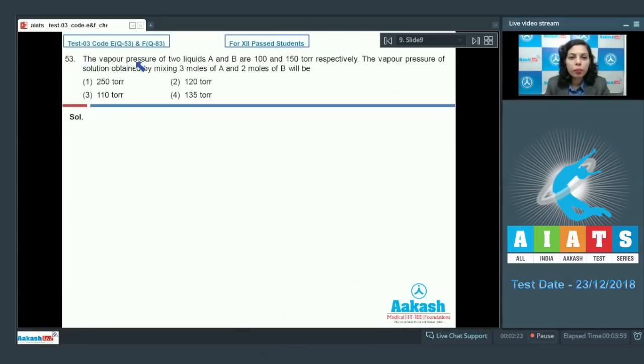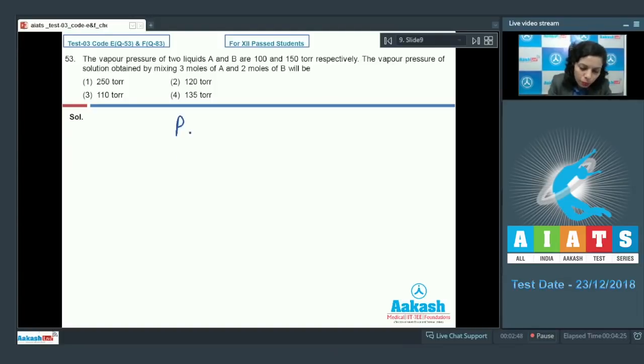Question number 53. The vapor pressure of two liquids A and B are 100 and 150 torr respectively. It means two pure liquids A and B are there. They have their vapor pressures 100 and 150 torr respectively. The vapor pressure of the solution obtained by mixing 3 moles of A and 2 moles of B will be. It means you are just going to prepare a solution and you want to find out the vapor pressure of that solution.